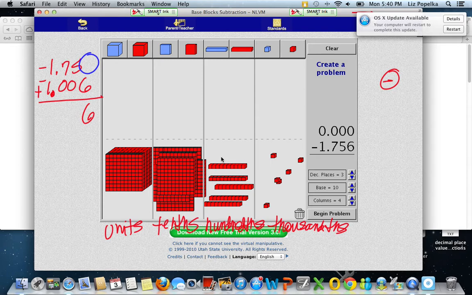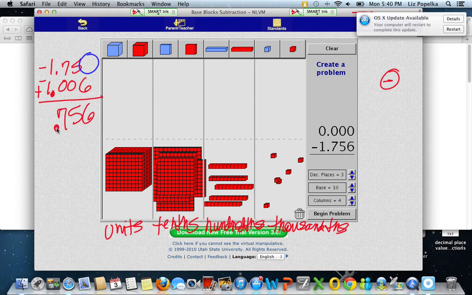In my hundredths place I started out with 5, and it tells me I don't need to add any, so 5 plus 0 means I still have 5 hundredths. I started out with 7 tenths, and it's telling me not to add any tenths, so 7 plus 0 means I've still got 7.